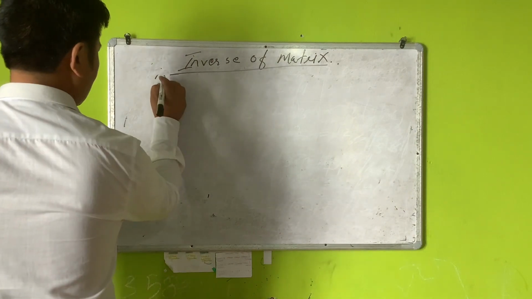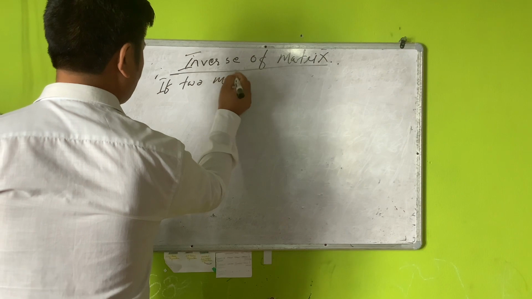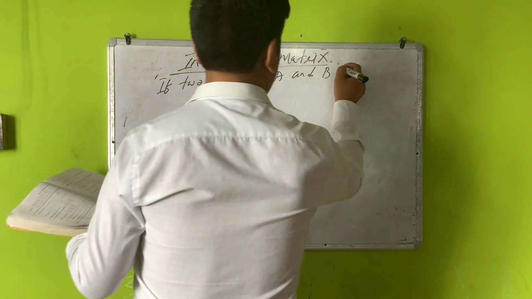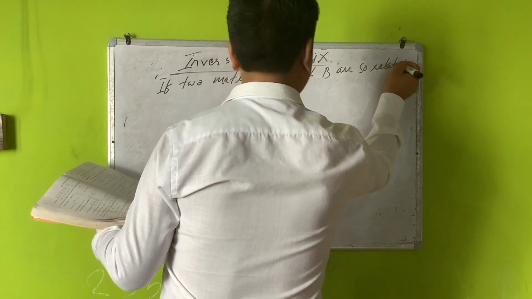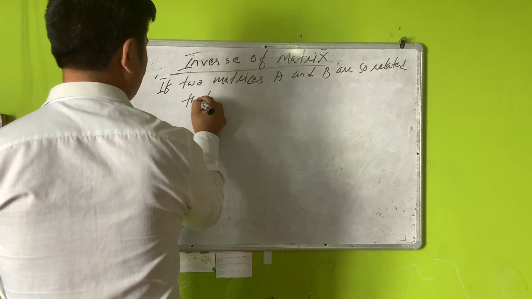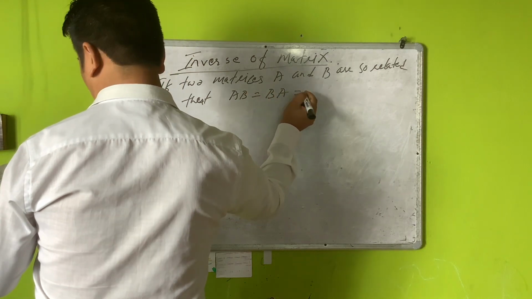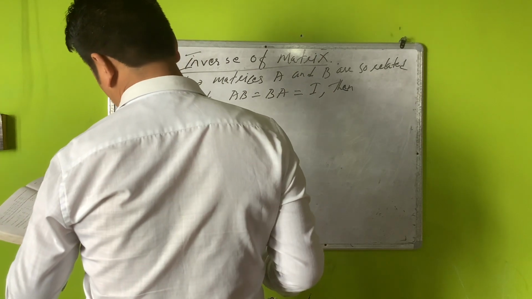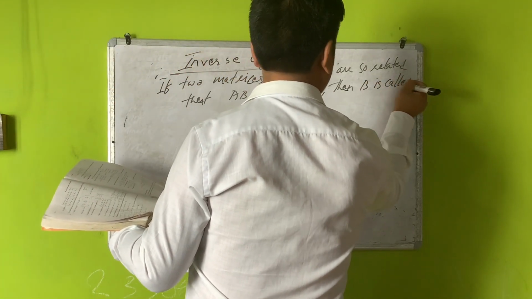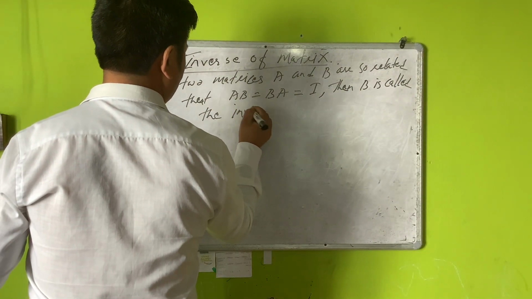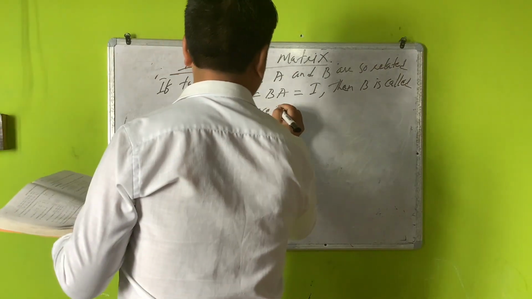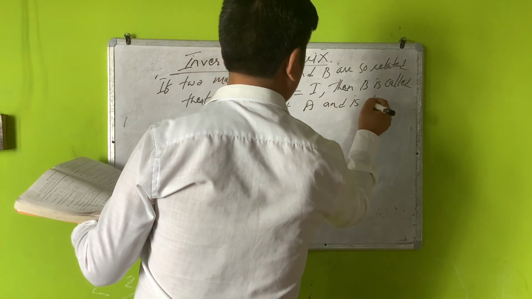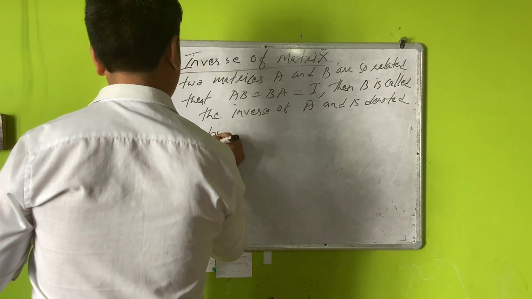Okay, in the inverse of a matrix there is one concept: if two matrices A and B are so related that AB is equal to BA is equal to I, then B is called the inverse of A and is denoted by A inverse.